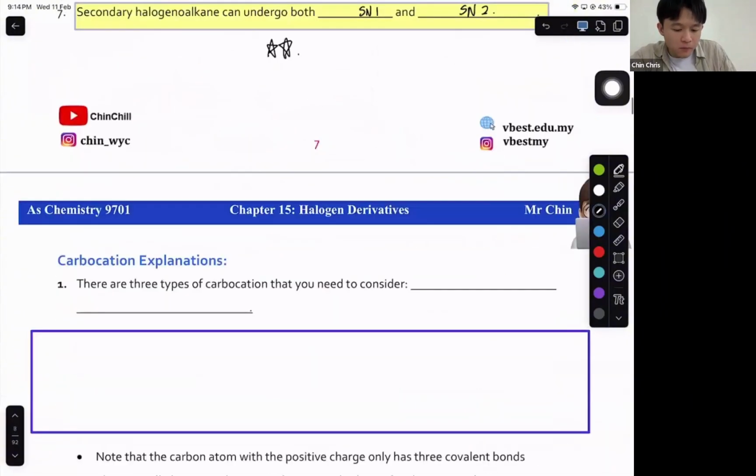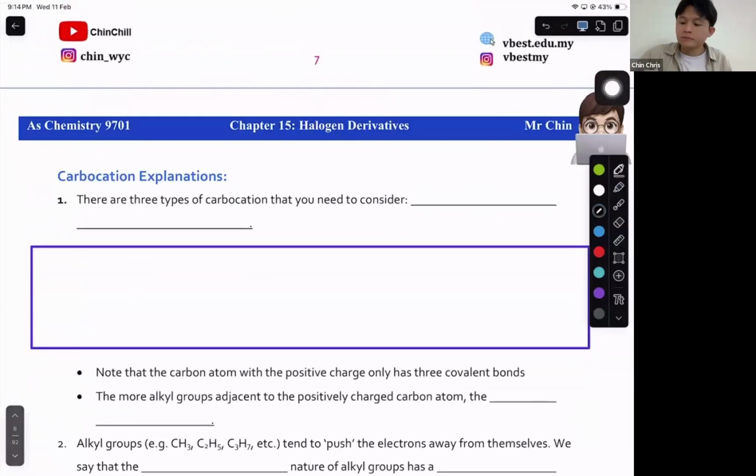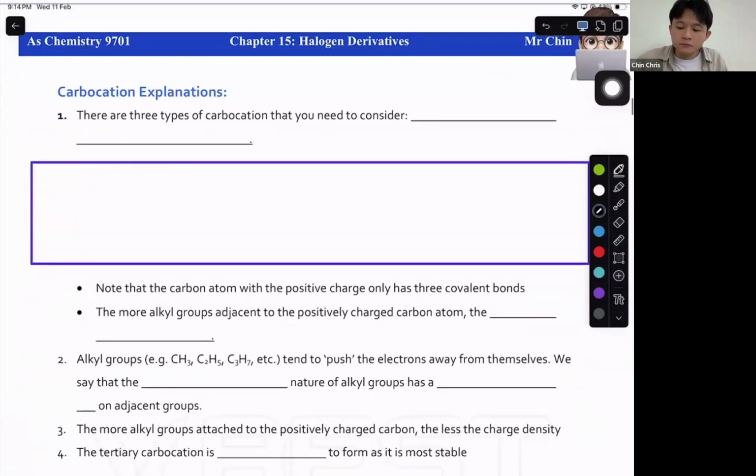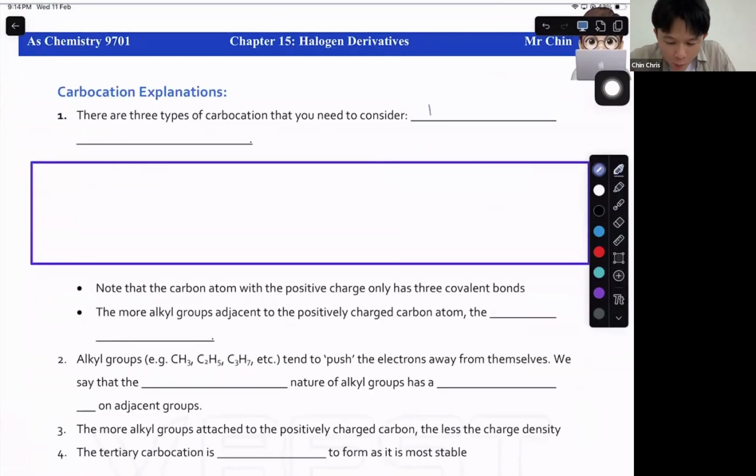Alright guys, now let's look at page 8. Page 8 will tell you the explanation behind why SN1 or why SN2. Basically, there are three carbocations for you to consider: a primary, a secondary, and a tertiary.